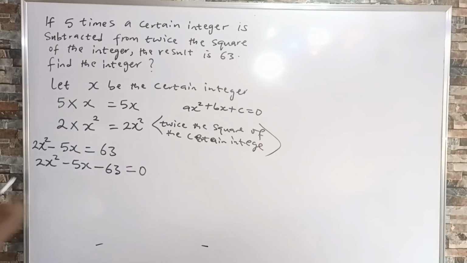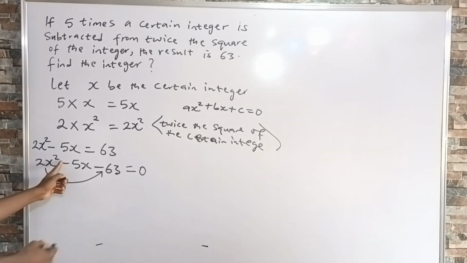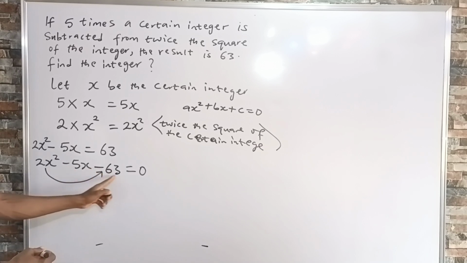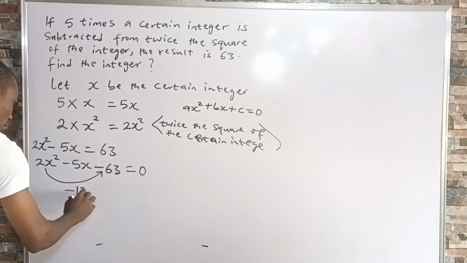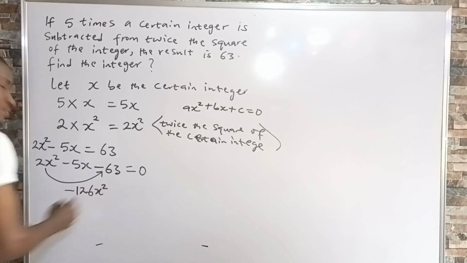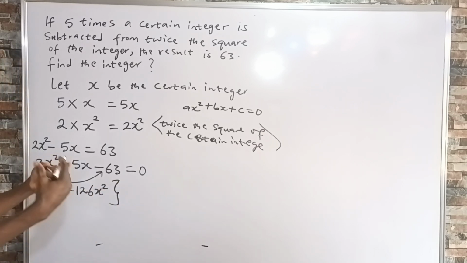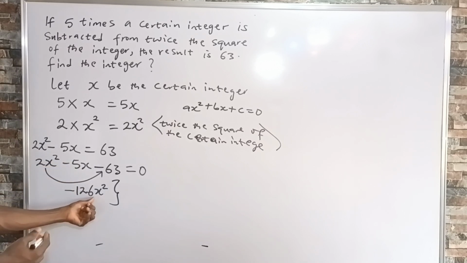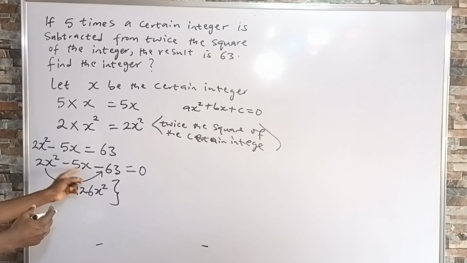Without just saying, let's solve this quadratically. Remember the way to factorize. When 2x squared is multiplied by negative 63, it gives us negative 126x squared. So I'm going to look for two factors that when I multiply them together produce negative 126x squared, and when I add them together produce minus 5x.